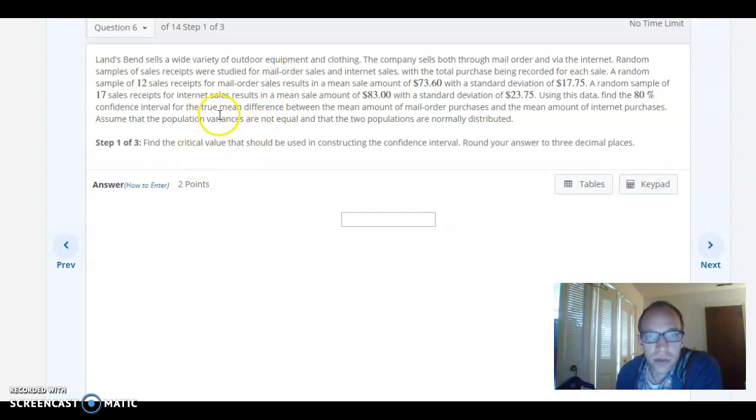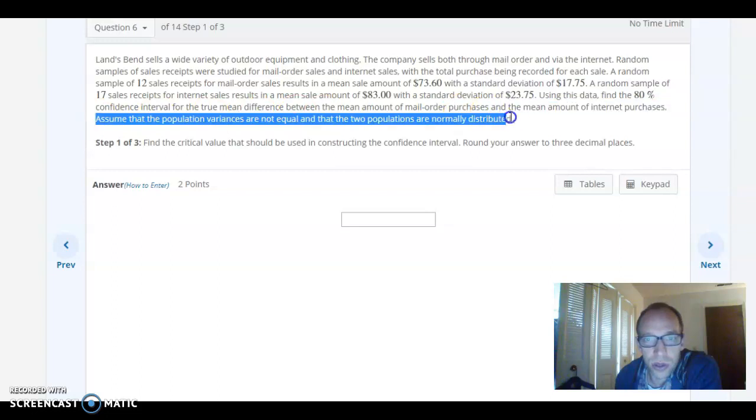Okay, for this one, there's a couple places where people trip up in this type of problem. We have two samples here, and we're looking at their means, comparing their means. This line right here is pretty crucial. Because we're assuming that the variances are not equal, we don't want to do this pooled variance idea.